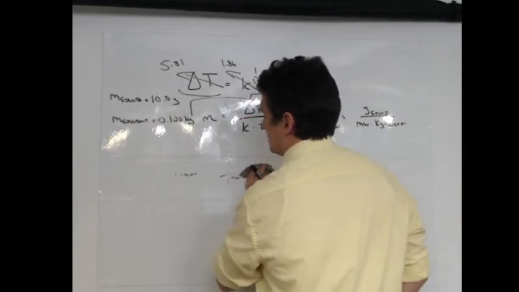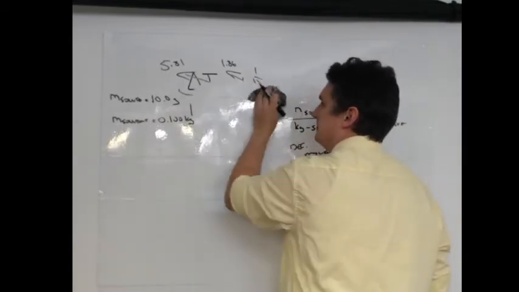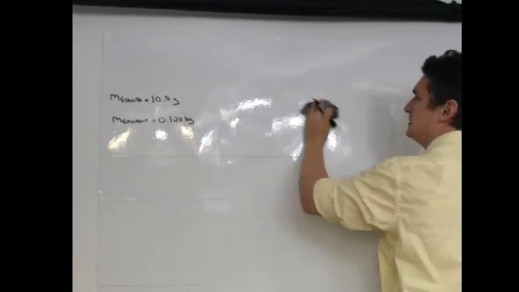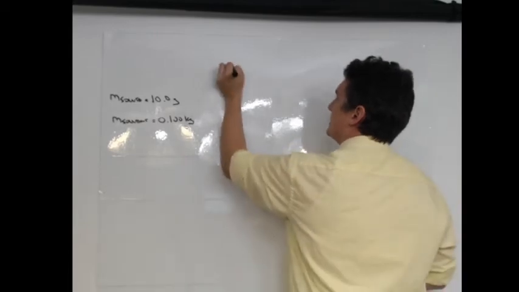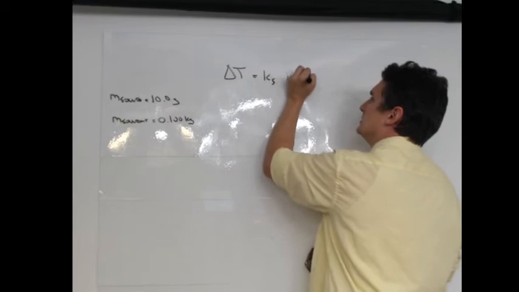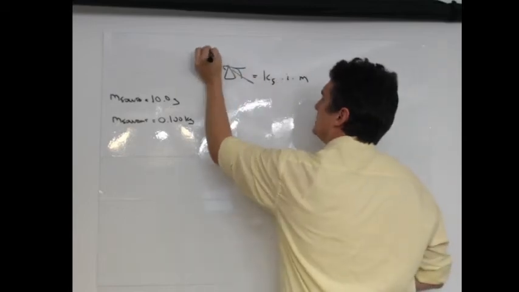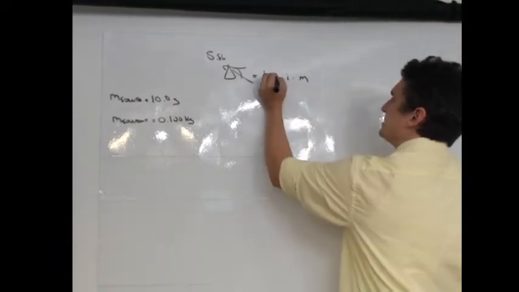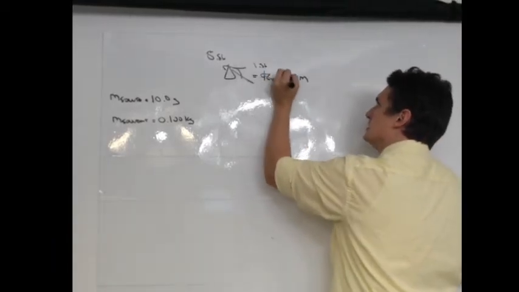So let me rewrite this to simplify it. So you got the delta T equals K I M. Delta T is 5.86. KF is 1.86. I is 1.